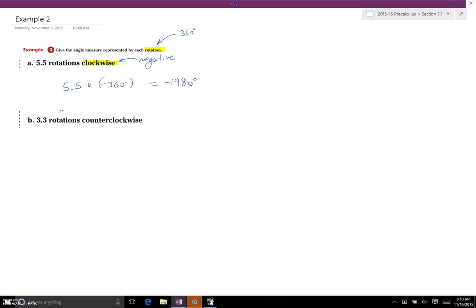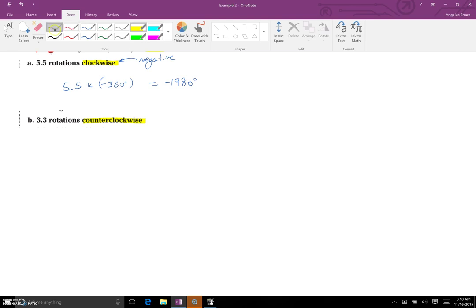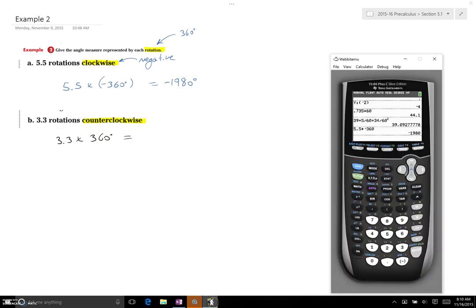So here in the second example, it's counterclockwise, so that's the positive way of measuring it. So we'd have 3.3 times 360 degrees. And we get 1,188.